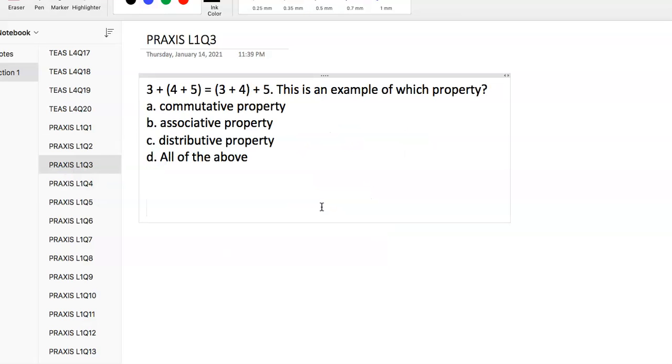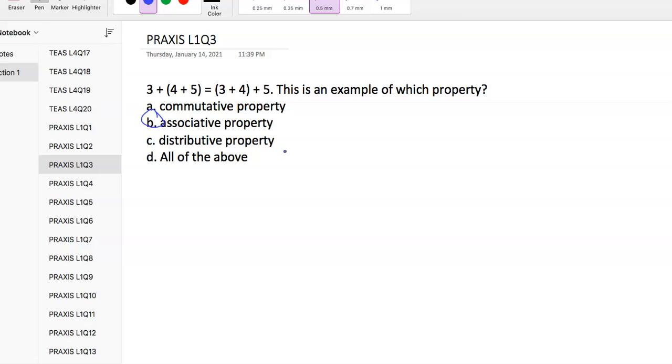Okay, and so that gets us through additive and multiplicative inverse, and then we jump into properties. We do need to be familiar with associative, commutative, and distributive property. So this one is associative. Really, associative property is just saying you can add or multiply regardless of how the numbers are grouped.